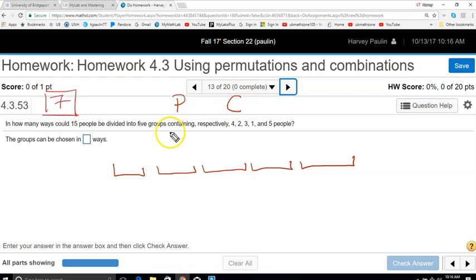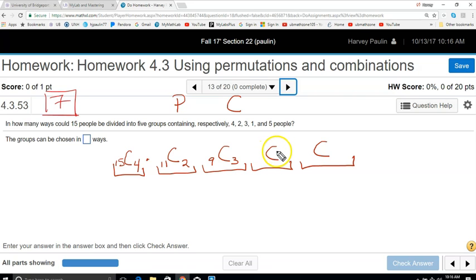So we have 15 people first, so 15 combinations. We're going to select 4. Now, we're also going to multiply that by, again, all of these are going to be combinations. But now we don't have 15 people anymore. We only have 11. And we're going to select 2. So how many people to select from here? 9, and we're going to select 3.